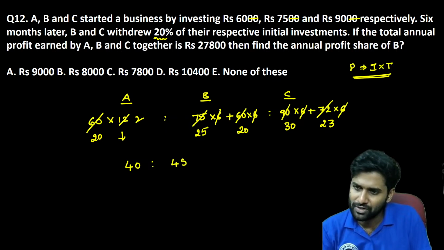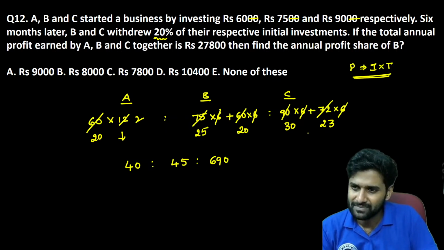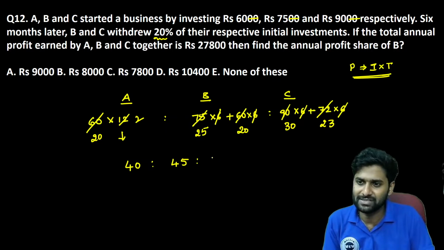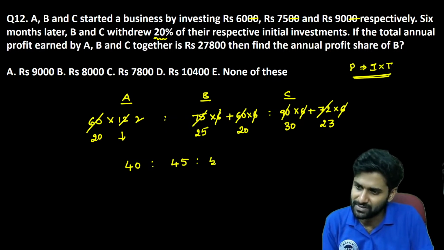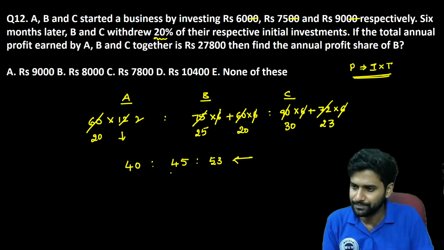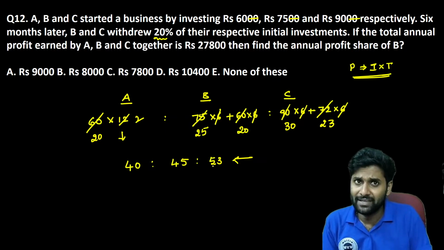Here you will get 45 units. So 23 3s, 69. Sorry, you should add, right? So it is exactly equal to 53. Now see, add all these values, you will get the total profit here. 40, 85, 85 plus 50, 135 and 130.